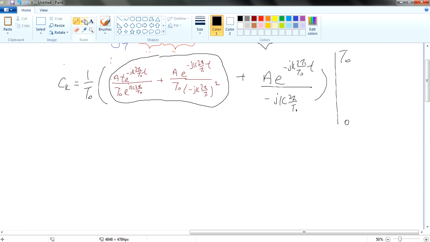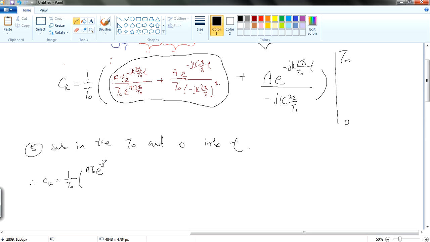Let's sub in the t naught and 0 into t, and therefore our ck, maybe I should write smaller, 1 over t naught, a, t naught, this is t over here, t naught e minus jk 2 pi t naught, and then t is t naught again, then t naught e minus jk 2 pi t naught, plus.